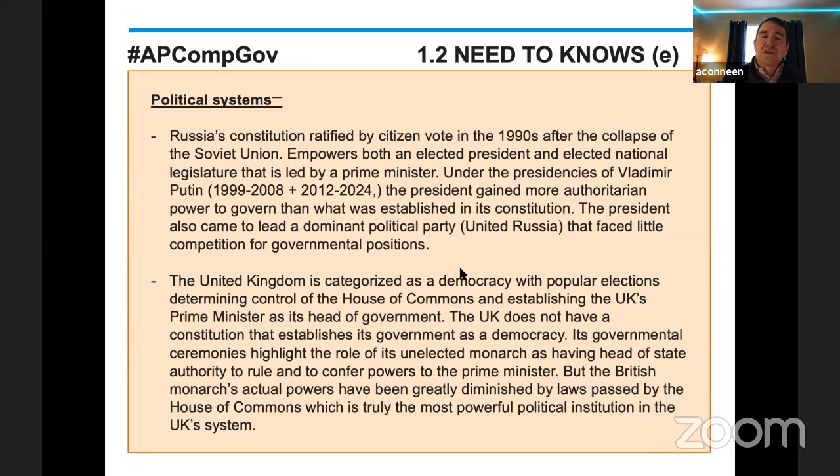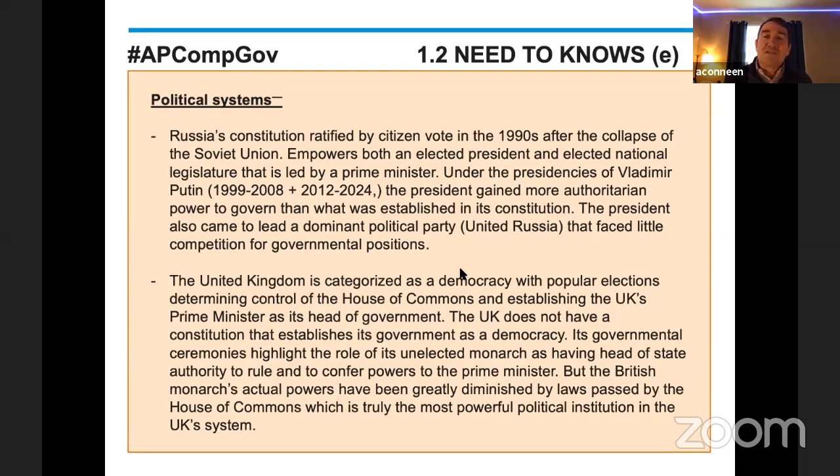We know that during the Putin presidency, Russia became more authoritarian as the president gained more authoritarian power. But you're going to see this week, we use a particular word to describe Russia, maybe not as authoritarian, but sometimes we use the word illiberal democracy to describe Russia.